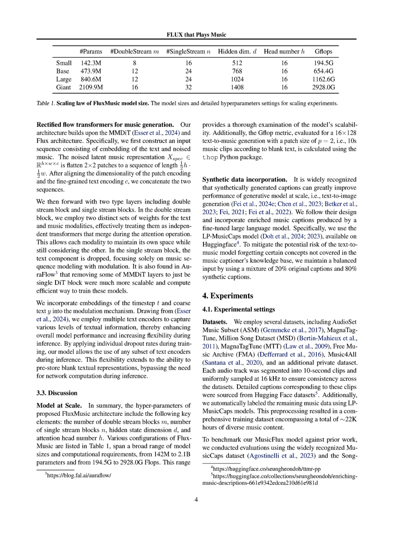The performance testing utilized multiple datasets, including the AudioSet Music Subset (ASM), MagnaTagATune, Million Song Dataset (MSD), and the Song Describer dataset, with a total training dataset encompassing approximately 22K hours of diverse music content.